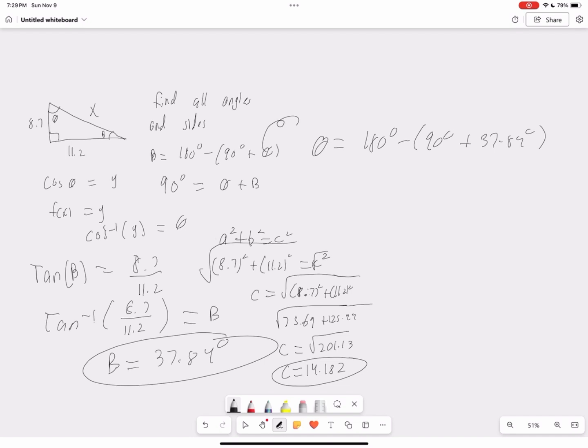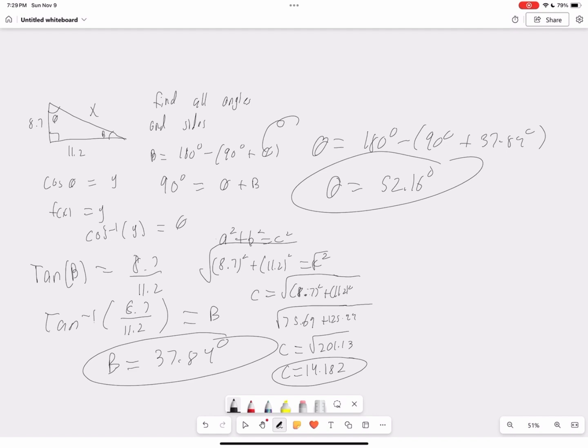Now that we found beta, we can use our formula. Theta equals 180 degrees minus the quantity 90 plus 37.84 degrees. 90 plus 37.84 is 127.84, so theta equals 52.16 degrees.